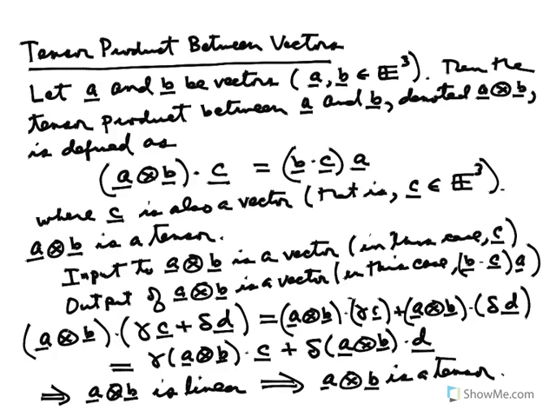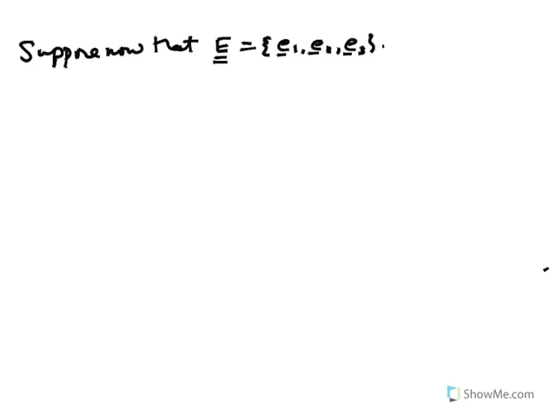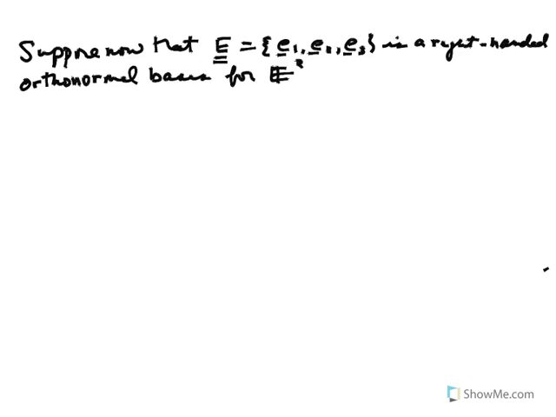So now how can we actually express tensors? This is where we were headed a few minutes ago, and we first did this tensor product. Suppose now that E, which I'll denote with 2 underbars, is equal to E1, E2, E3, a right-handed orthonormal basis for three-dimensional Euclidean space.